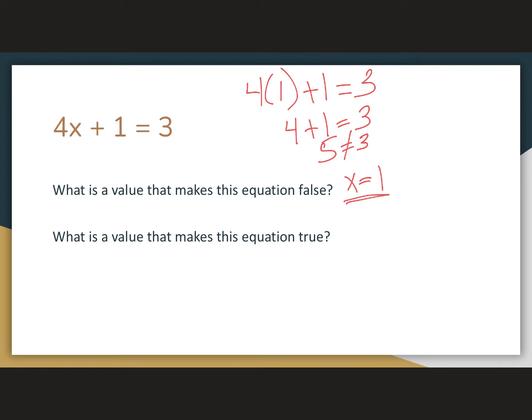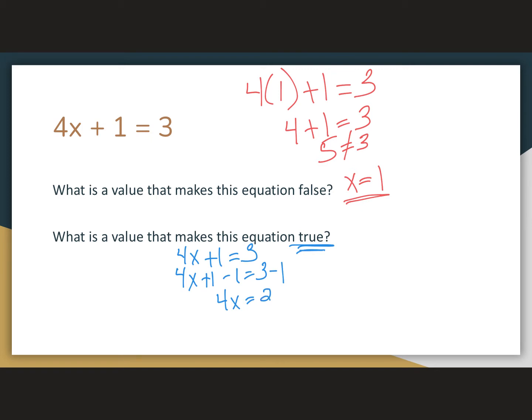What is a value that makes this equation true? When I'm talking about what value makes this equation true, that can be a little bit more difficult. Let's think about this for a minute. I can solve this equation to find out the value of x that makes it true. First, I can subtract 1 from both sides, which gives 4x equals 2.